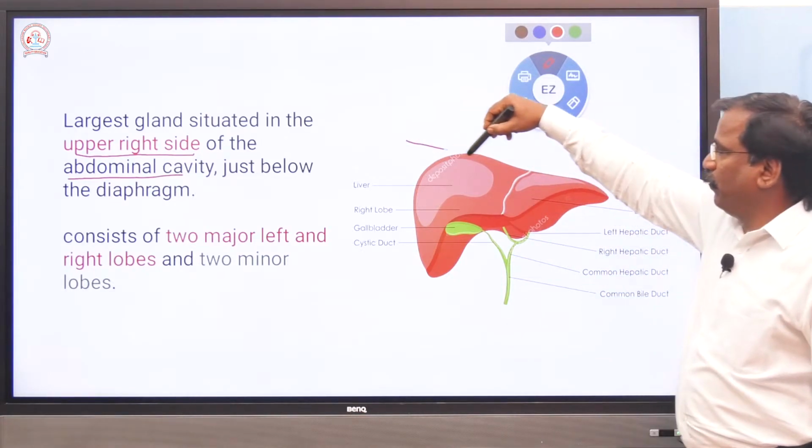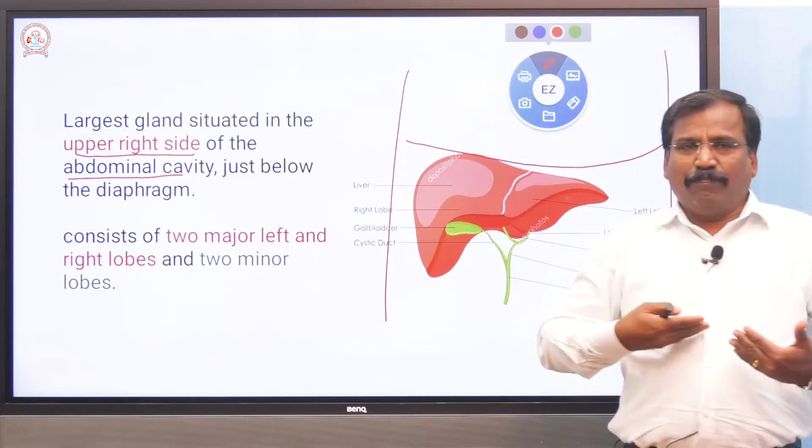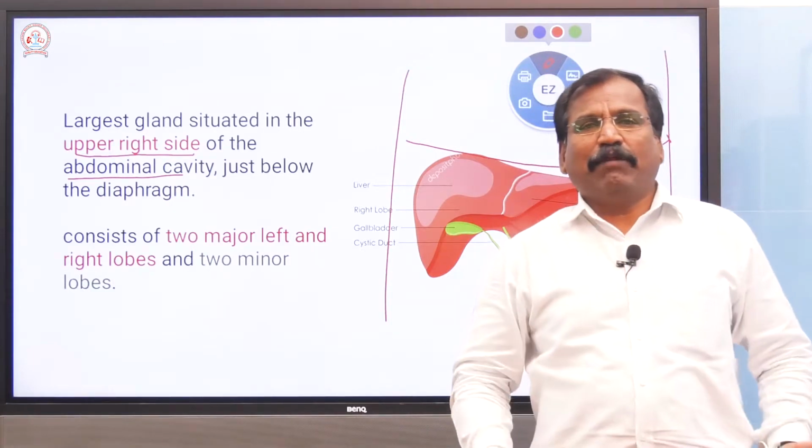The diaphragm, you know, is a muscle wall that separates the thoracic cavity and the body cavity.